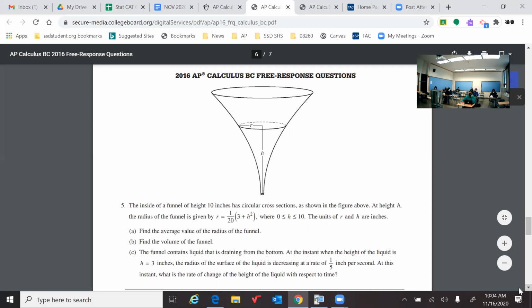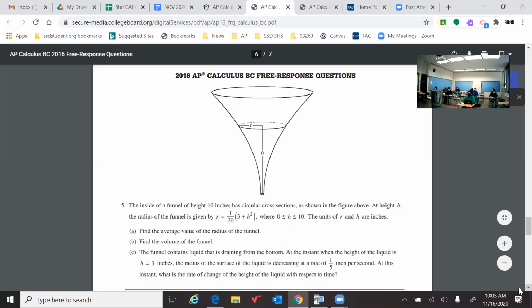Part C. The funnel contains liquid that is draining from the bottom. When the height is 3 inches, the radius of the surface of the liquid is decreasing at a rate of 1/5 inch per second. What is the rate of change of the height with respect to time? We're going to do this problem by dimensional analysis. We build a table.